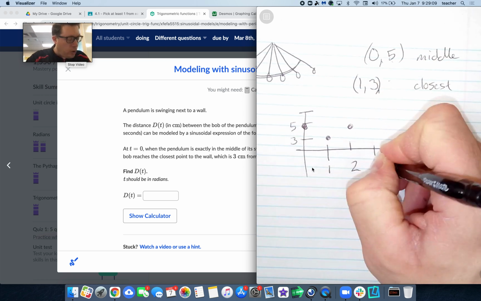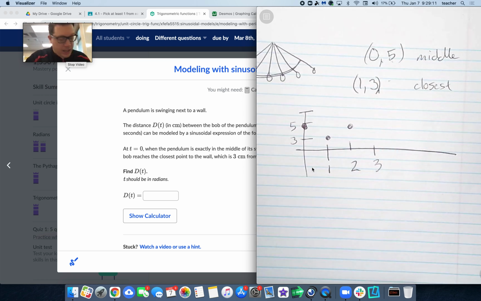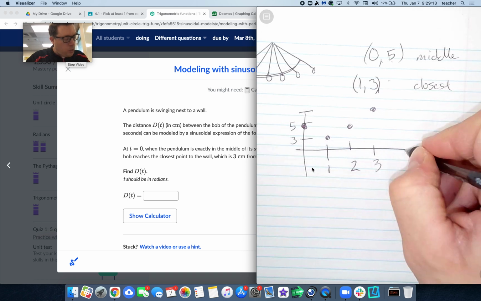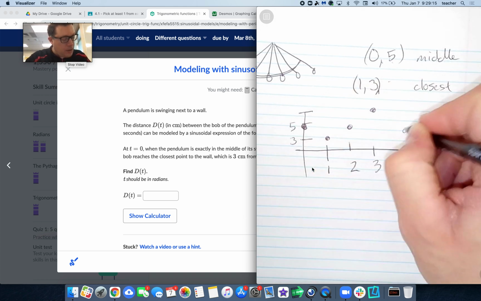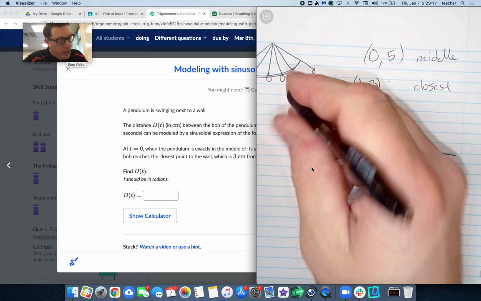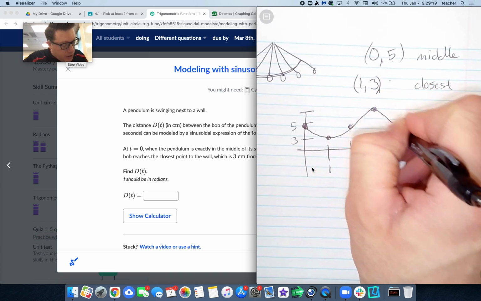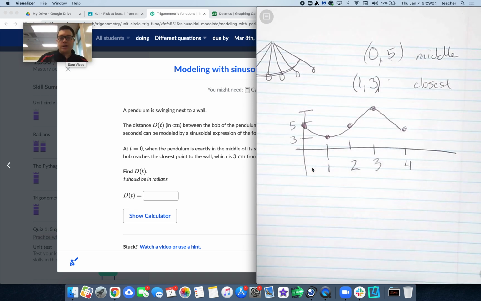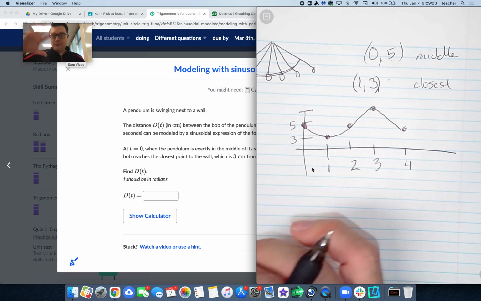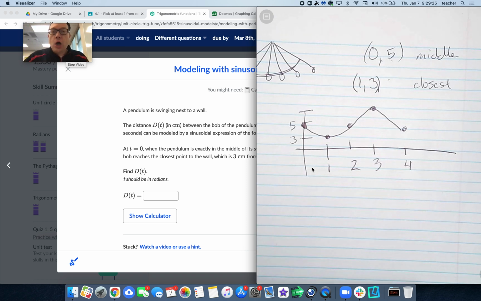And then 1 second later from then, it's reached its max. And 1 second later from that, it is back to the middle again. So we wind up with this sine curve, negative, if you will, because it's flipped over its midline. We're able to find all three components like that.